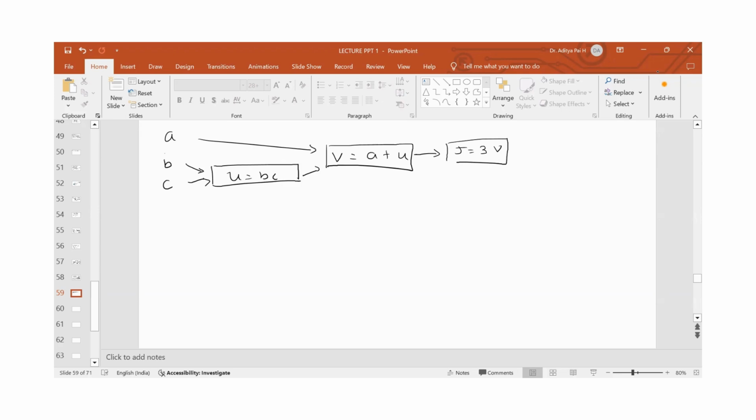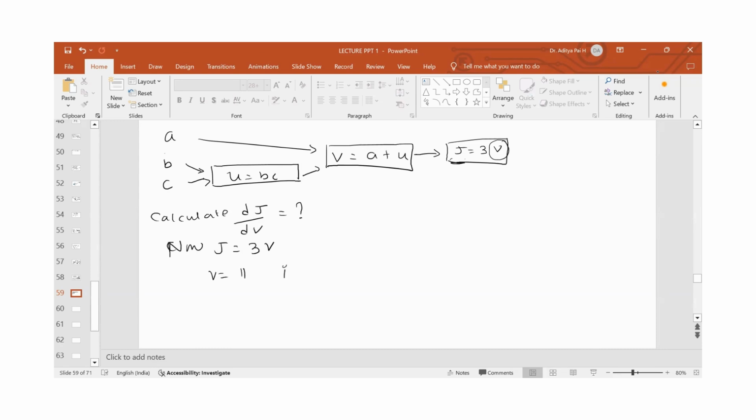So calculating dJ by dV. What is dJ by dV? That is the change in the value of J with respect to V. J is equal to 3V, and V is equal to 11.